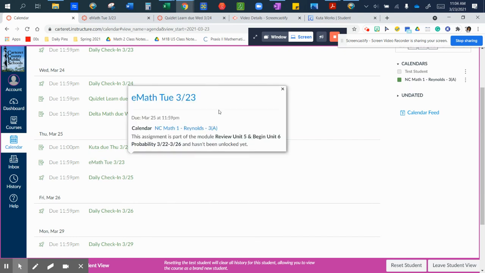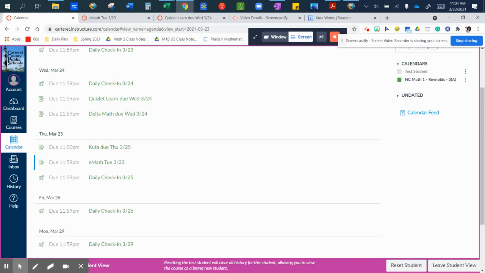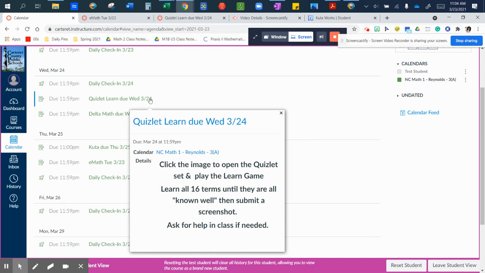So I'm going to put this, and this is in student view, so it's not going to help me, but I'm going to change that to 8 a.m. or something, so it's at the top of the page, because that was supposed to be done last night, and I only put it as due Thursday so that you guys had that last chance to actually get it done. So for those of us that are working in Quizlet, great.